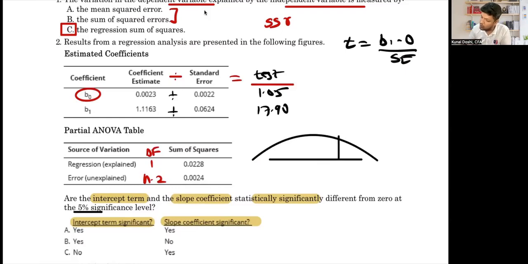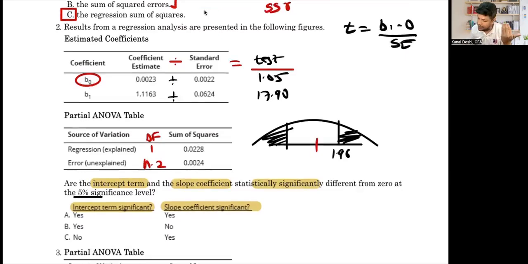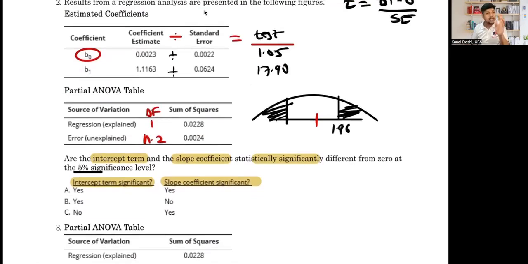So at 5%, you know the value is 1.96 or slightly more. If you go to the t, it will be slightly more. Let's say z, 1.96. What is my test for B0? B0 is 1.05, so it is below. So I will say fail to reject. B0, is it significant? No, because I failed to reject.